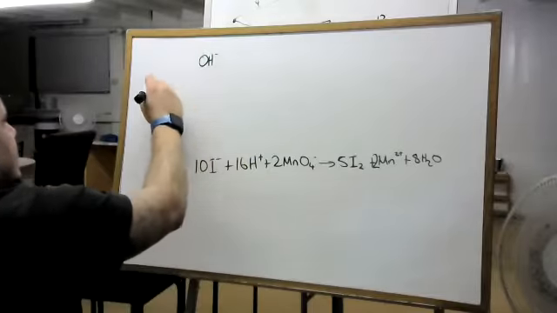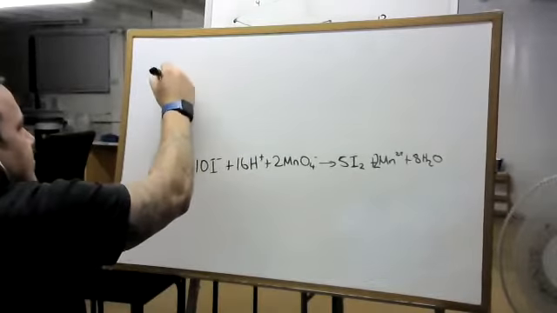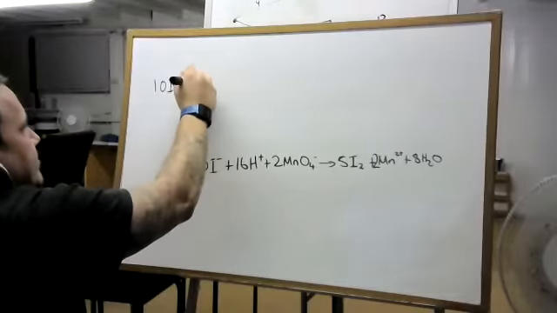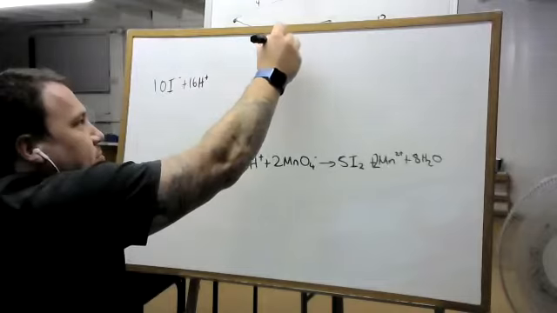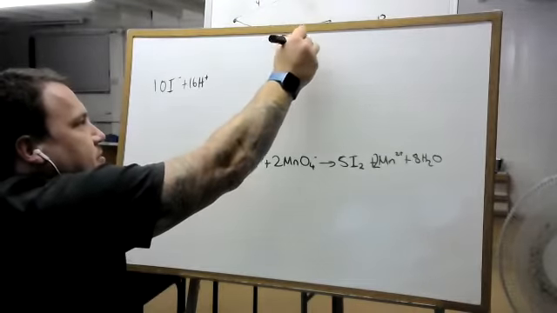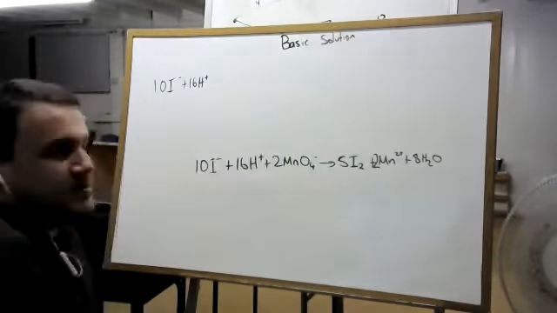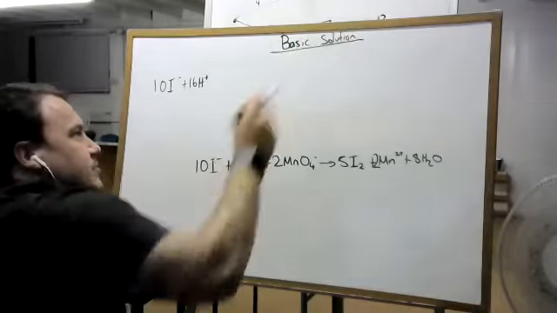So I'm going to rewrite the equation, or the reaction. So now we're balancing in basic solution. In order to balance in the basic solution, we have to balance in the acidic solution first.